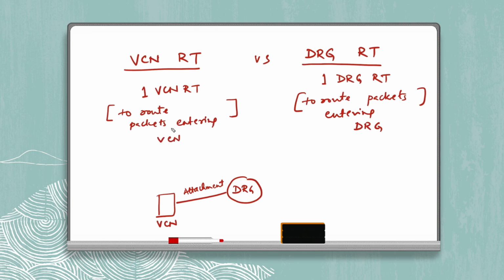And how can the packets enter the VCN? Through the attachment. So inside the VCN, how the routing happens is decided by the VCN route table. And whenever the packets are entering the dynamic routing gateway through the attachment, what is going to be the next hop is decided by this dynamic routing gateway route table. So two types of route tables.